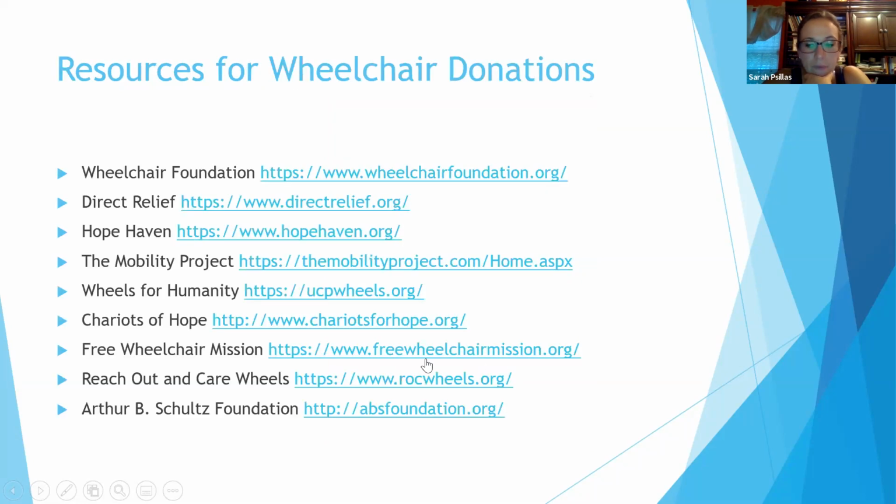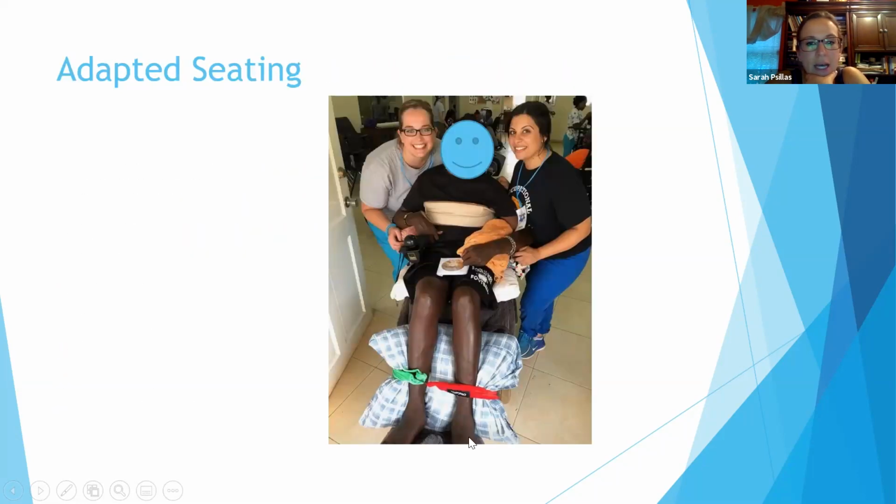And then his feet touched, but they were really worried about his skin touching the leg rests, or calf plates as they're called. And so they put this pillow behind him. They also stuffed extra pillow filling into that pillow, and then used bungee cords, the flat bungee cords, to hold his feet in place.